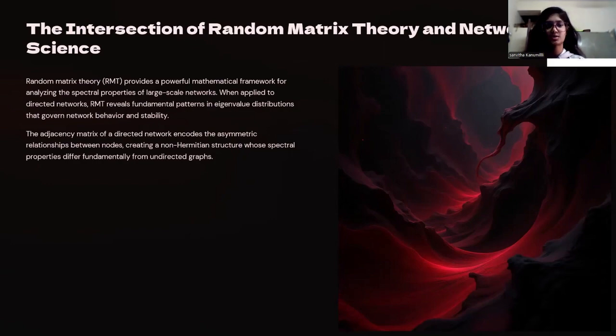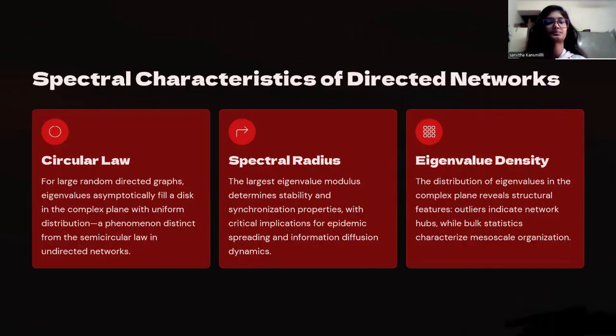The adjacency matrix of a directed network encodes the asymmetric relationships between nodes, creating a non-Hermitian structure whose spectral properties differ fundamentally from undirected graphs.